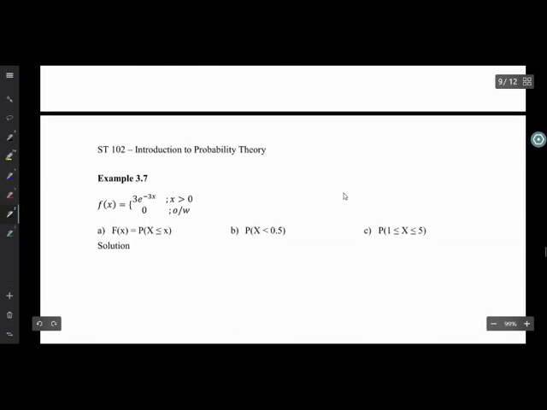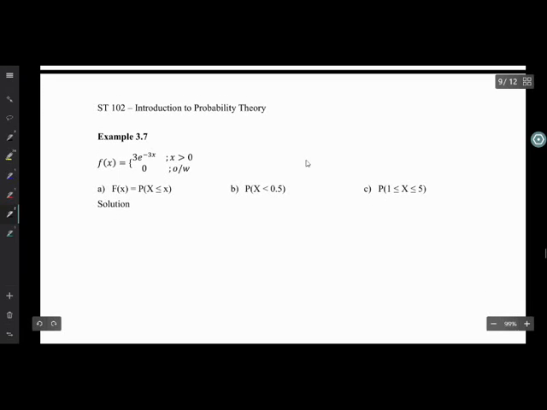Right. So here's the second example we did again. You have to find the CDF and some probabilities. Since you already know how to calculate probabilities for this example, I'll omit parts B and C, but let's see what the capital Fx will be.